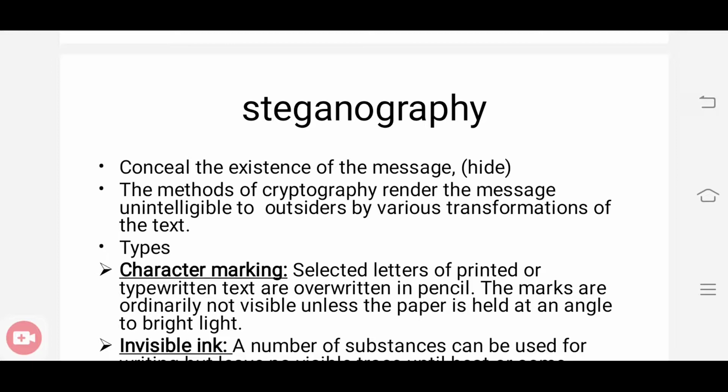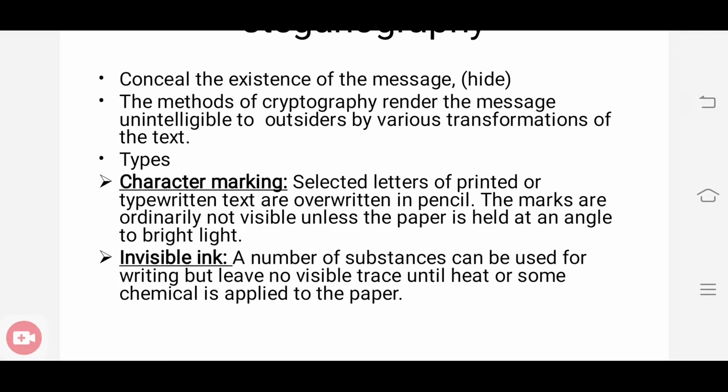Actually, the methods of cryptography render the message unintelligible to outsiders by various transformations of the text, but steganography conceals the existence of the message. And there are 4 types of steganographic mechanism. One is character marking. What do you mean by character marking? We are using some pencils for overwriting selected letters of printed or typewritten text.